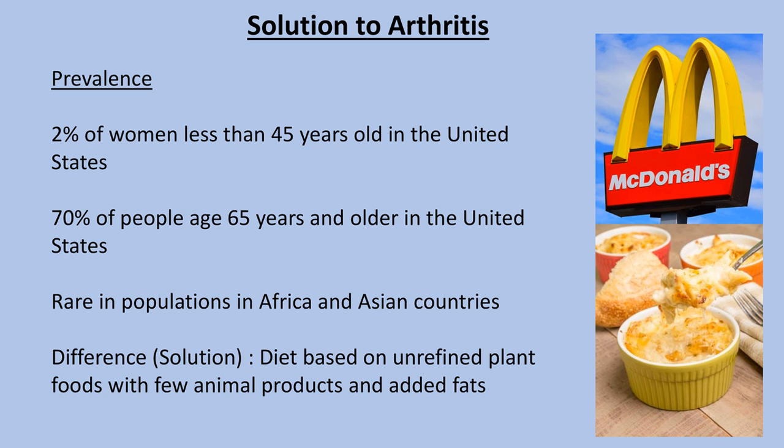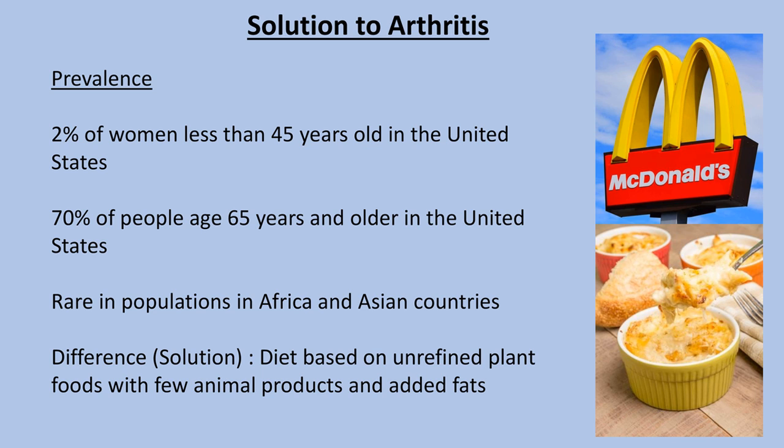However, commonly in the Western countries, the joints of people worsen with age. As you grow older, there is more pain, or one develops arthritis, which then starts getting worse and worse over time. Only 2% of women less than 45 years old in the US show signs of osteoarthritis.